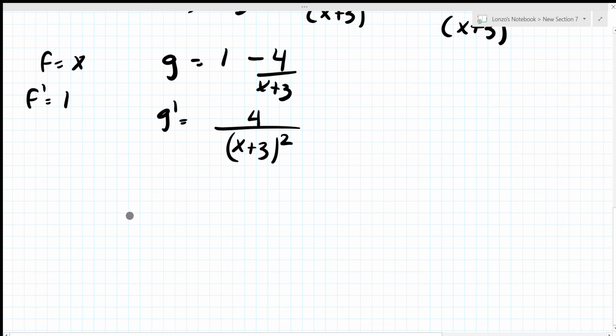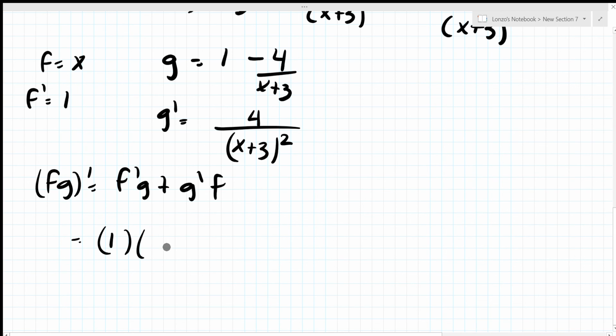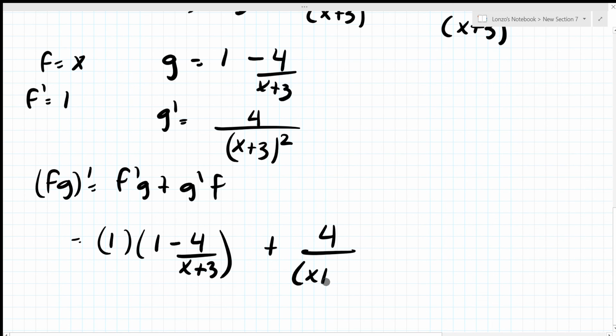So let's do the product rule. Remember the product rule is f prime of g plus g prime of f. So f prime is 1 times g, which is 1 minus 4 over x plus 3, plus g prime, which is 4 over x plus 3 squared, times f, which is x.